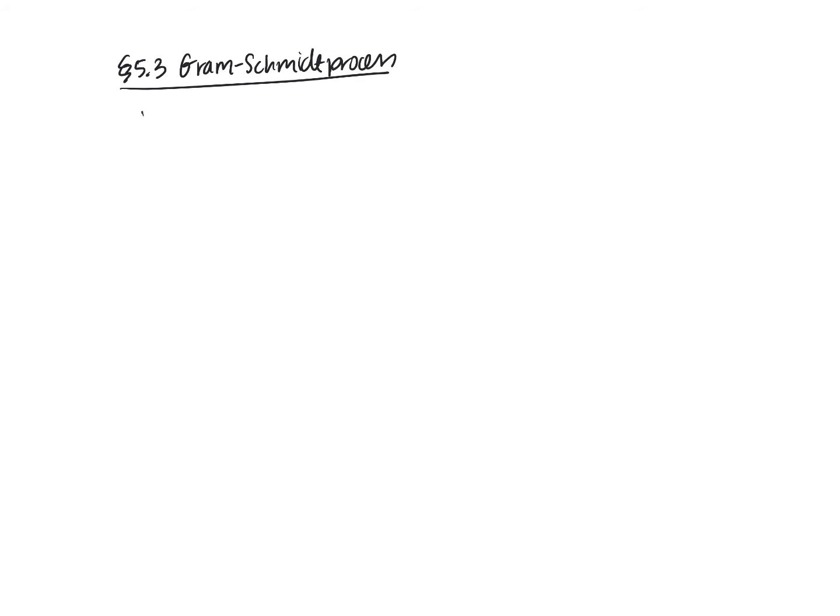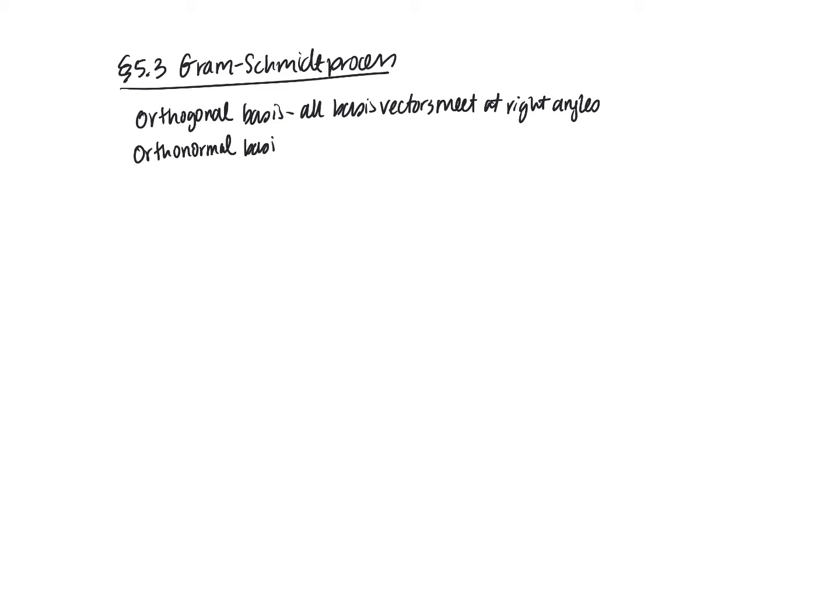So an orthogonal basis is where all the basis vectors meet at right angles, and an orthonormal basis is an orthogonal basis of unit vectors.